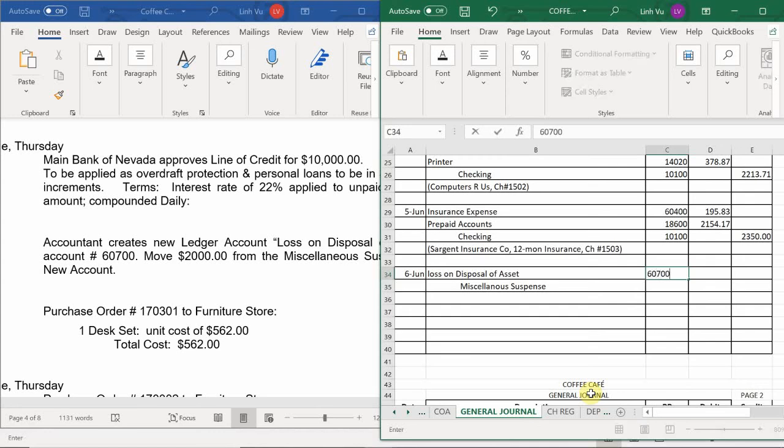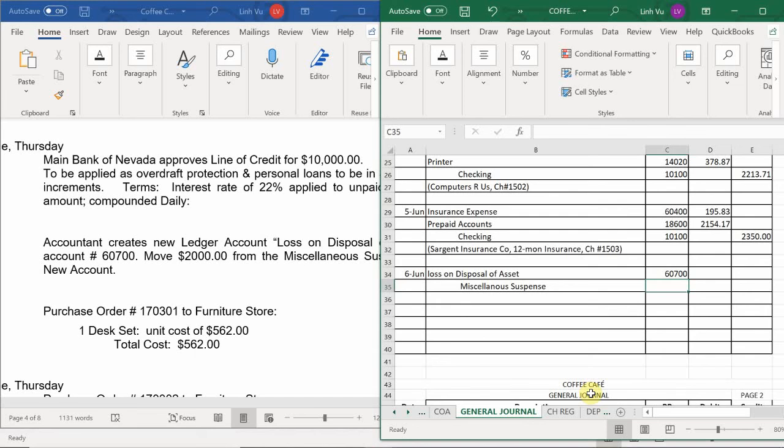So you have to close down the ledger to the account, no? In a sense, you're not closing it out. You're just moving it out, so that account does not have an account balance on it.